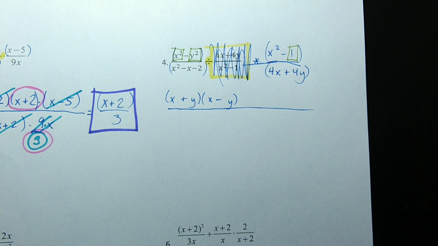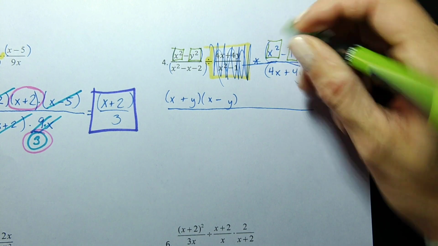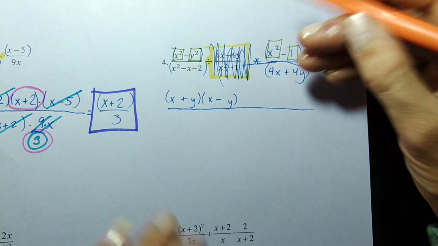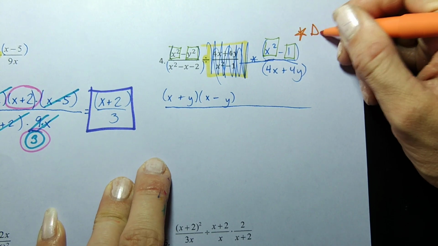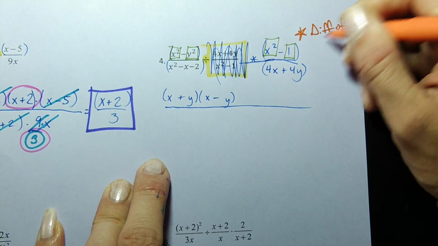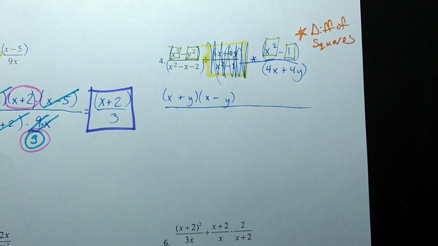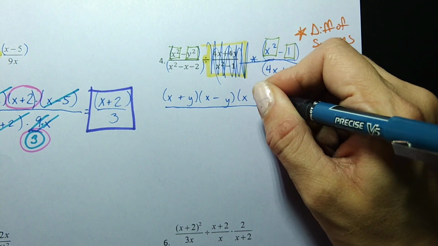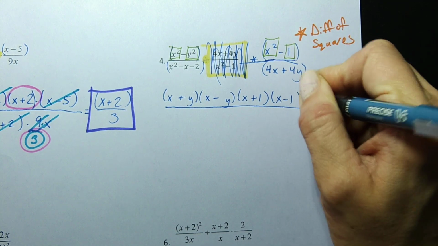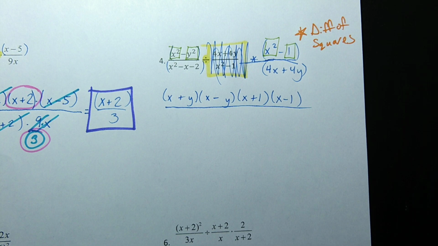But 1 is a perfect square. So, folks, this is difference of squares as well. I would put a study note by this. Difference of squares. So something to be aware of, that 1 is still a perfect square. So I can factor that as x plus 1 and x minus 1. So there's the top, all pretty and factored.